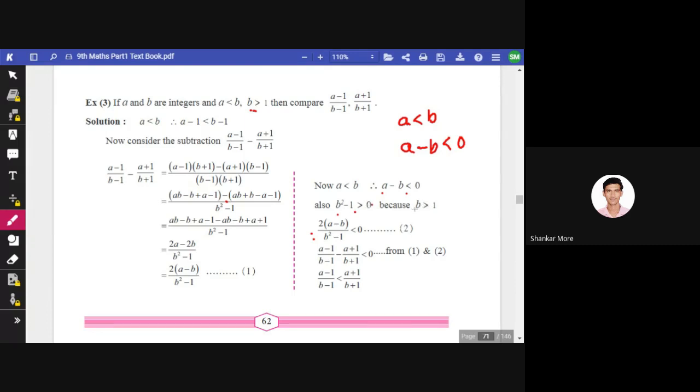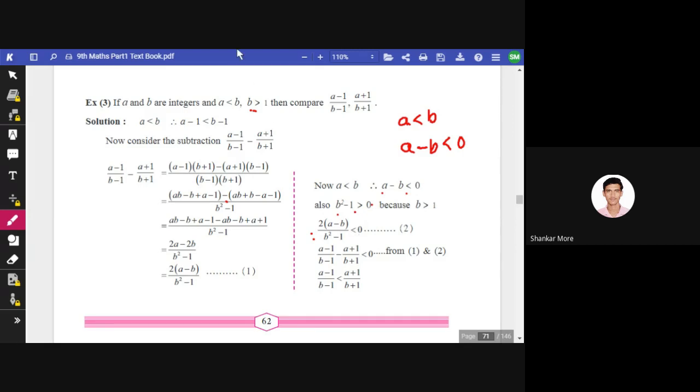If B is greater than 1 then obviously the square of B will also be greater than 1. So B square minus 1 will be greater than 0, isn't it? So in the numerator, the numerator is smaller than 0 and the denominator is greater than 0, right? So in this case this complete expression would be less than 0.